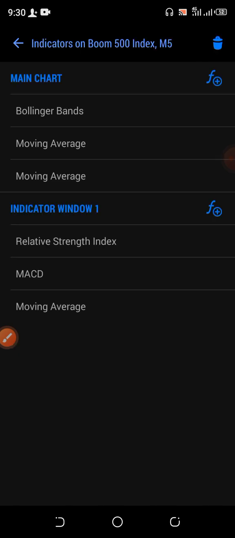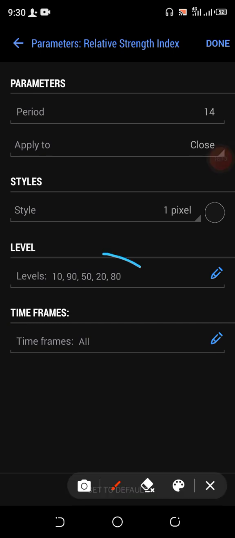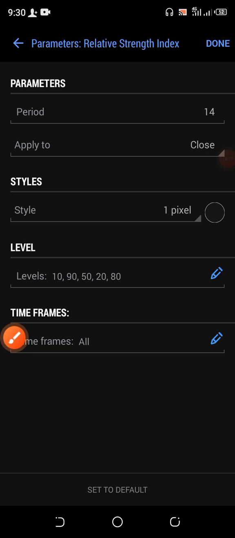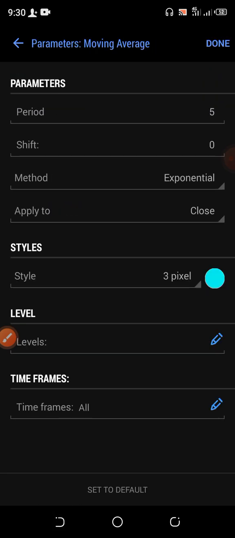But remember that on the relative strength index, one of the major things here is the T, so that it will help you to assess the current movement of the MACD histogram and mostly the moving average. So that is the essence of the relative strength index. Then the parameters for moving average 5: shift 0, exponential, apply to close.